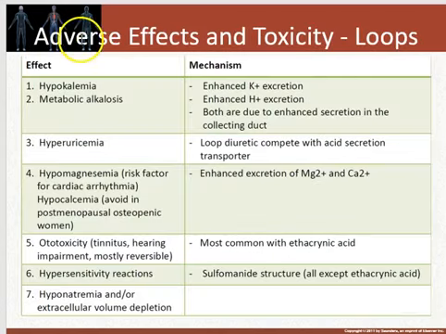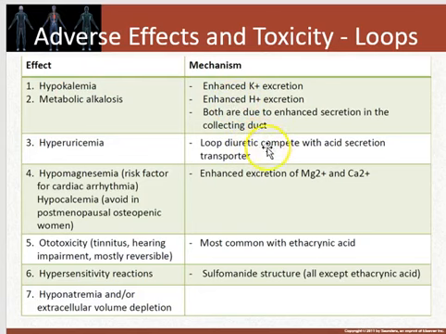That's not to say that these drugs are without any kind of adverse effects. The adverse effects and toxicity really come from the main therapeutic targets, but in excess. Mechanistically, we can see enhanced potassium and proton excretion. However, in the context of toxicity, you can promote hypokalemia and you can promote metabolic alkalosis if these two processes occur.